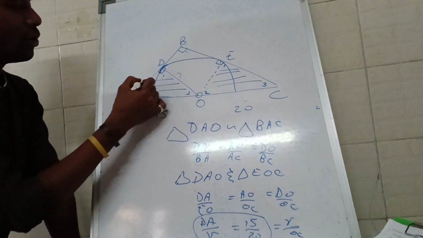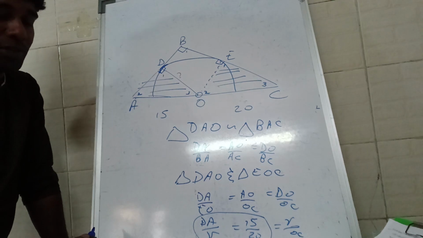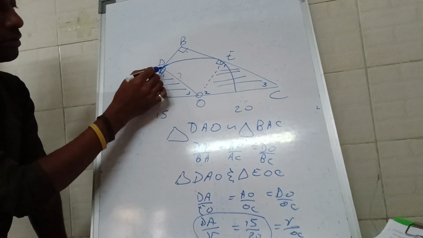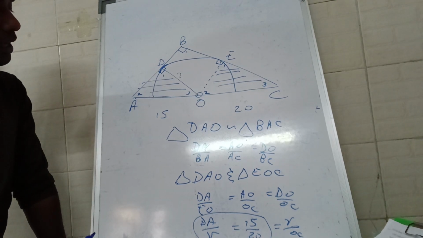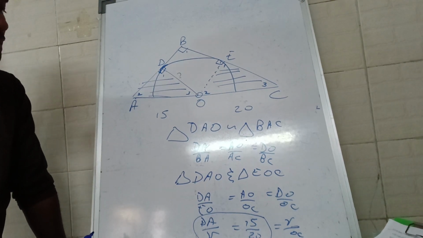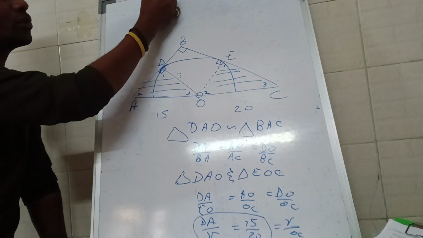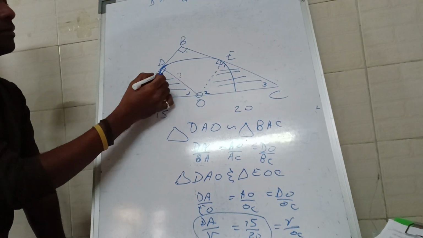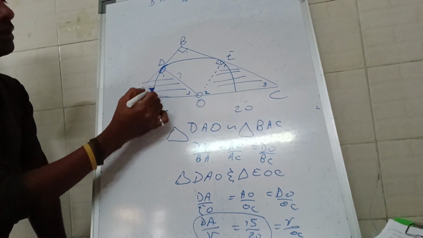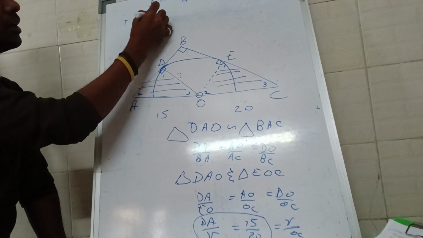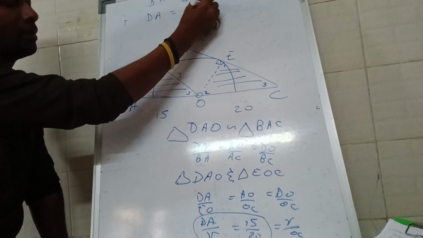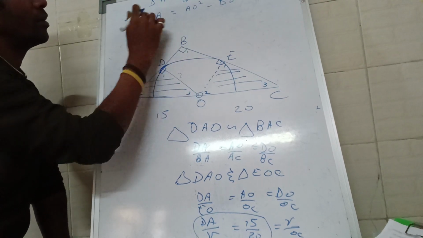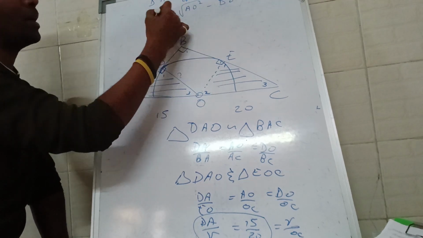Now go to triangle DAO, a right angle triangle, and try to find out DA. We have already got DA: DA is equal to 3/4 R. Now in the right angle triangle, DA is equal to the root of AO square minus DO square by the Pythagoras theorem.